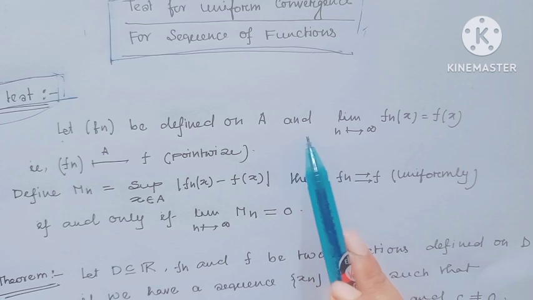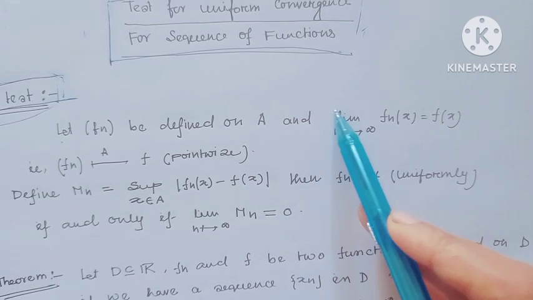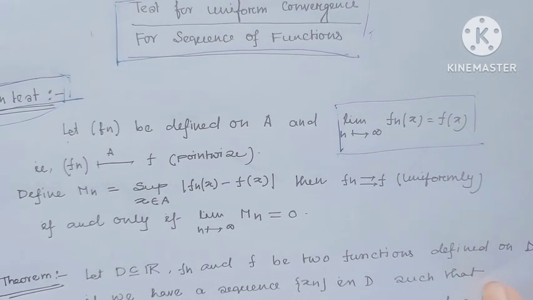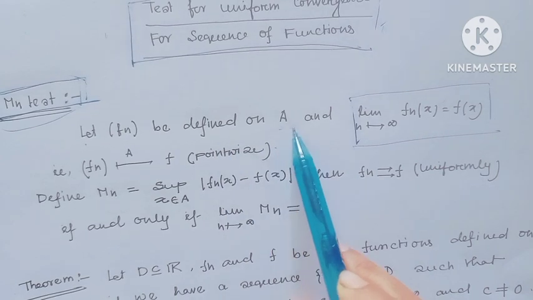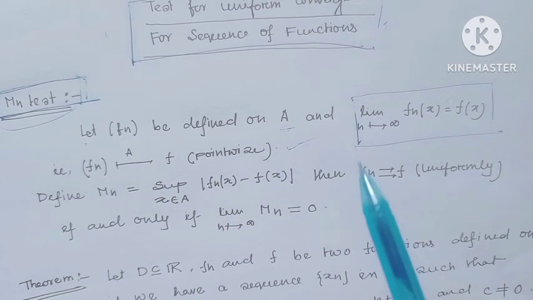Let Fn be defined on the set A and limit n tends to infinity Fn x equal to F x. That means Fn converges on the set A to F pointwise.